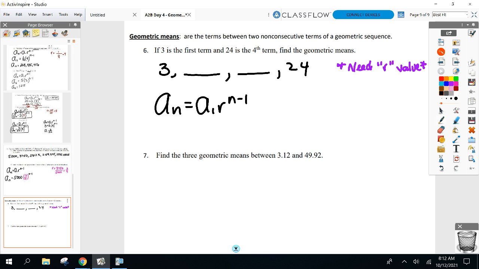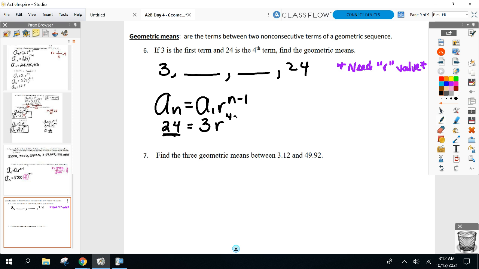All right, A sub n. You know any term in the sequence that's not the first? 24. First term? 3. We're trying to solve for R, right? All right, what's the n value? Remember, it relates to this here. Where's 24? It's 1, 2, 3, fourth term.